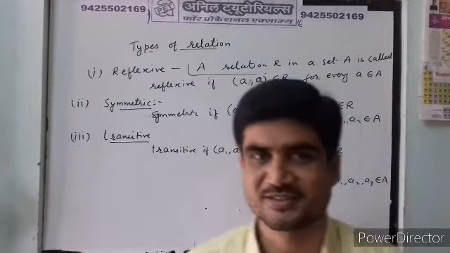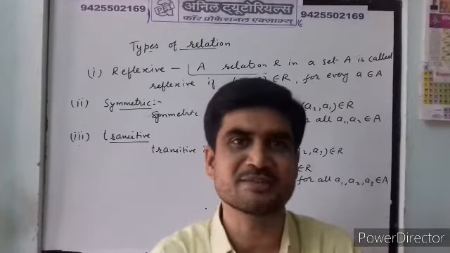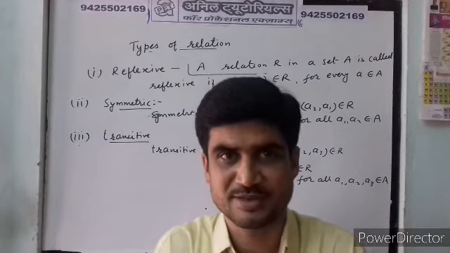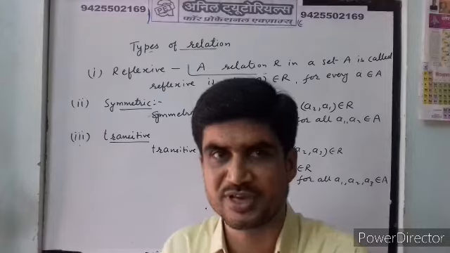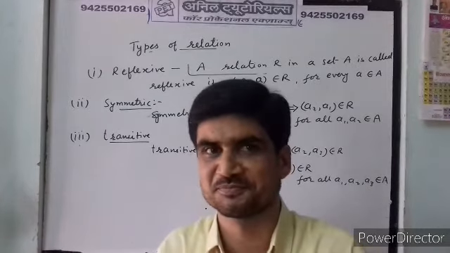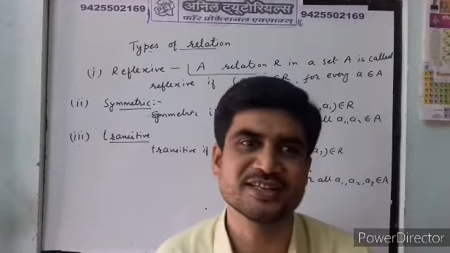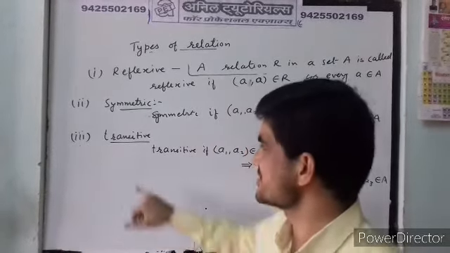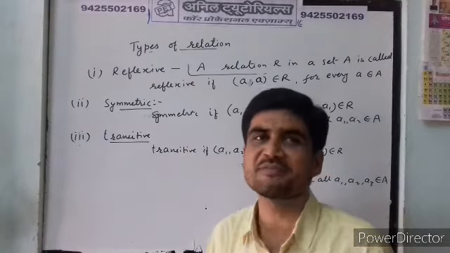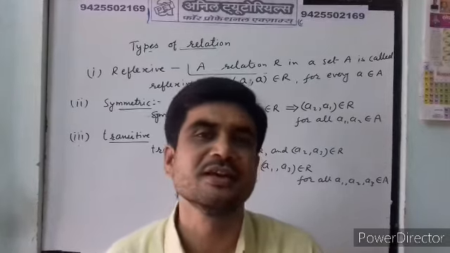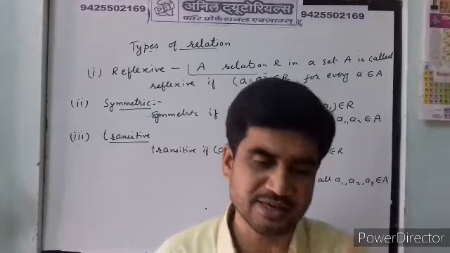Take the same example as I took earlier: Ram is the brother of Lakshman, Lakshman is the brother of Shatrughan, so Ram is the brother of Shatrughan. If this type of relation is there, then it is called a transitive relation.